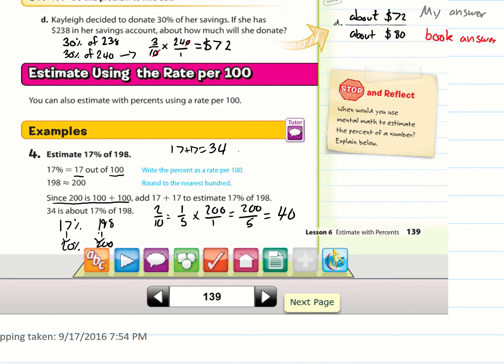So the estimate would be 34. So this is the new method. And this is the old method.